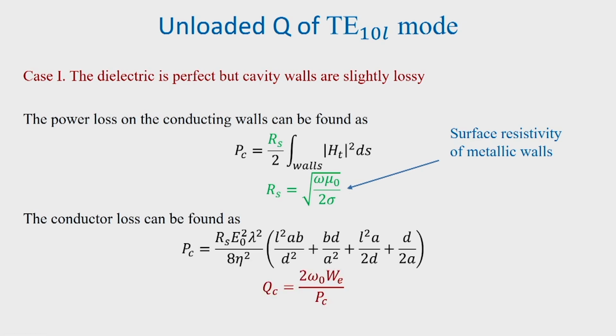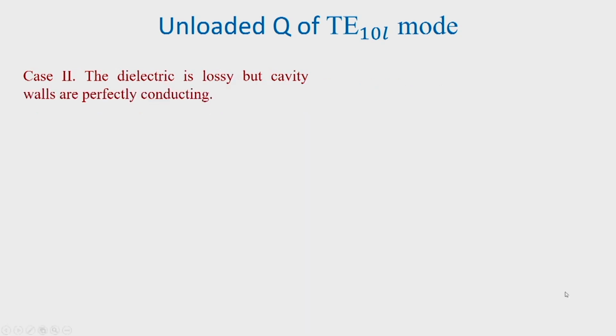And we can now define Qc, which is equal to 2 times WE, this is the energy stored, multiplied by omega naught and divided by Pc, the power dissipated in the conductors. In the second case, we consider the dielectric to be slightly lossy, but the cavity walls are perfectly conducting.